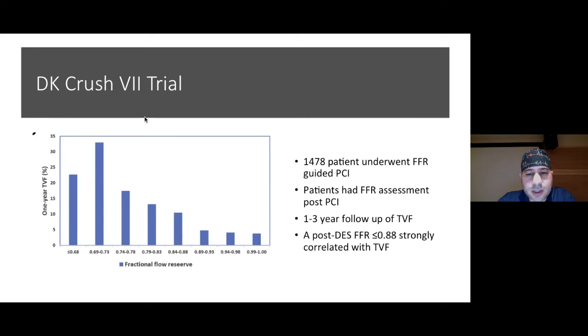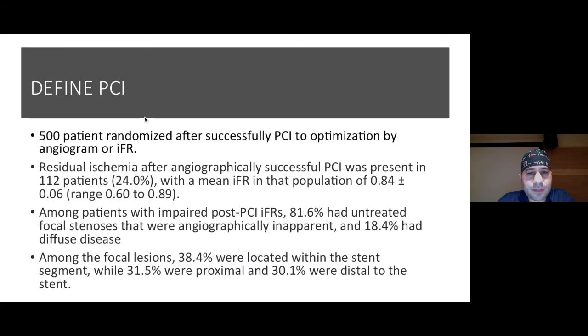They concluded that a post-drug-eluting stent FFR less than 0.88 strongly correlates with target vessel failure. There's no approved cutoff yet, and we're still doing more studies to define the best cutoff for deciding whether more optimization needs to be done.